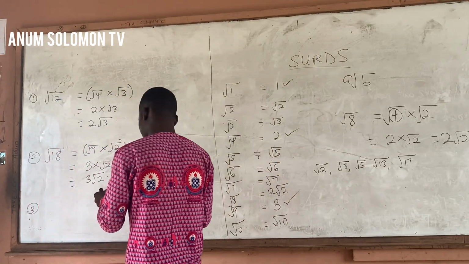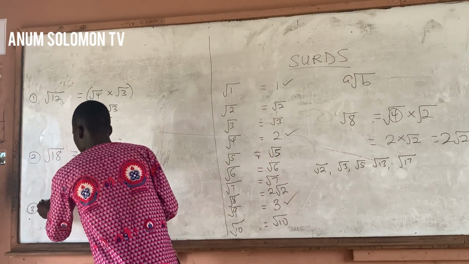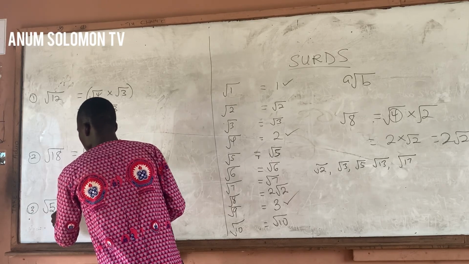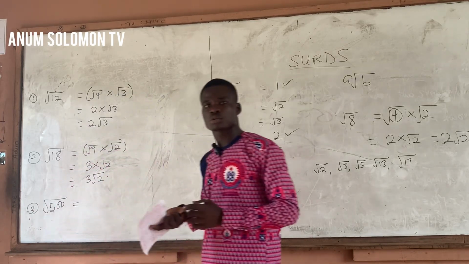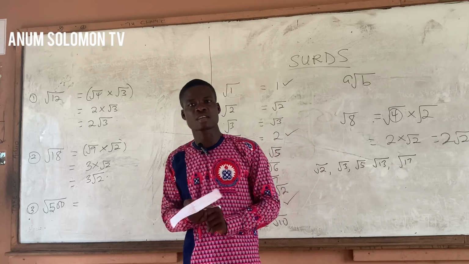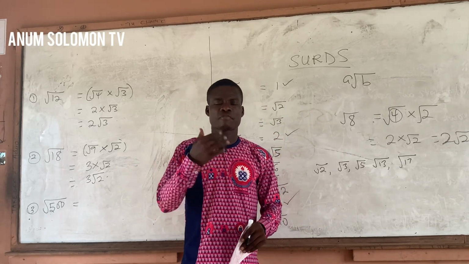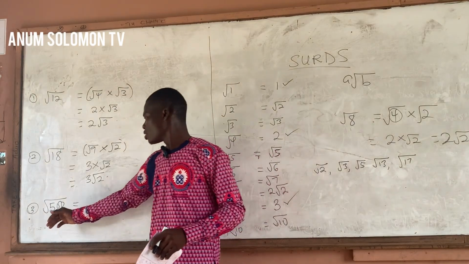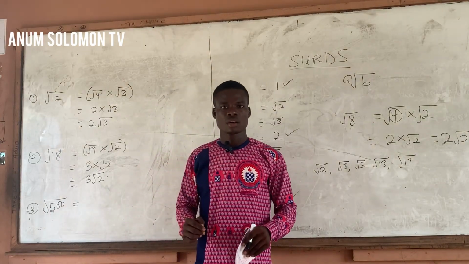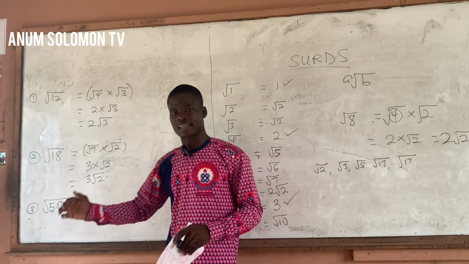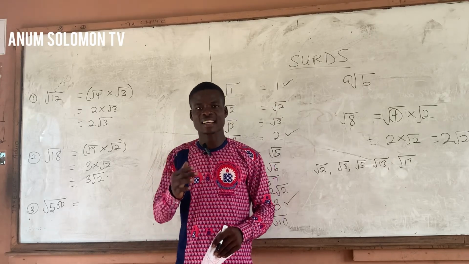Another example, we have root of 500. So we are to reduce this surd to its basic form. Let's take our time and check the factors of 500. Among these factors, which factor is a perfect factor?